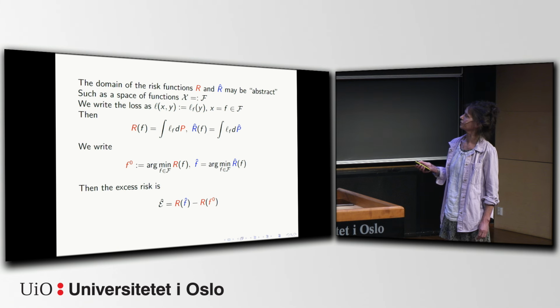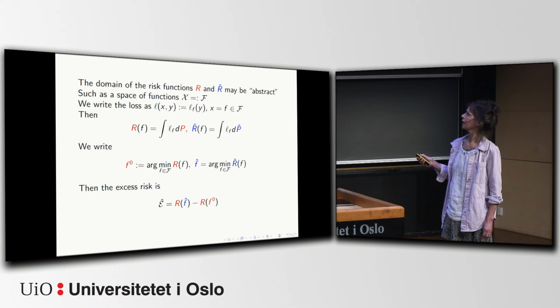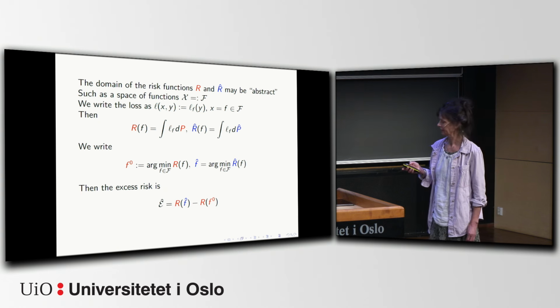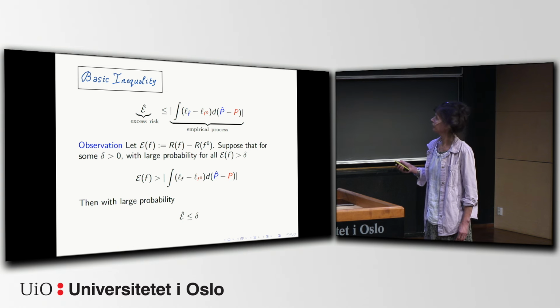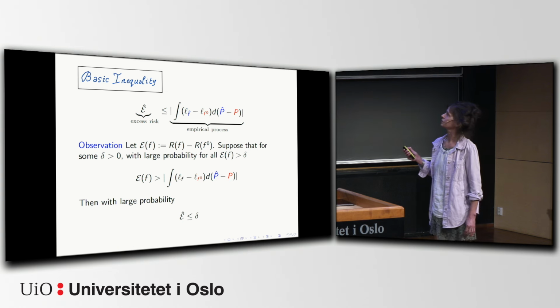And the minimizer of the theoretical risk I call the target, f0. And the minimizer of the empirical risk is f hat, with a hat because it's random. And the excess risk, the measure of disappointment, is now just a change of notation like this. And then the basic inequality looks like this.